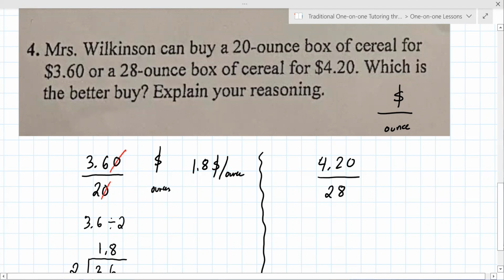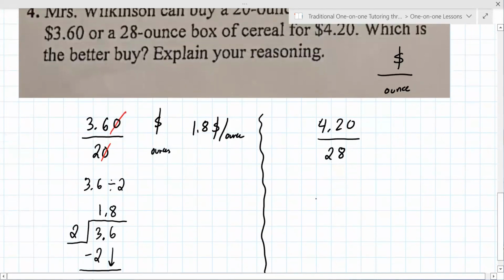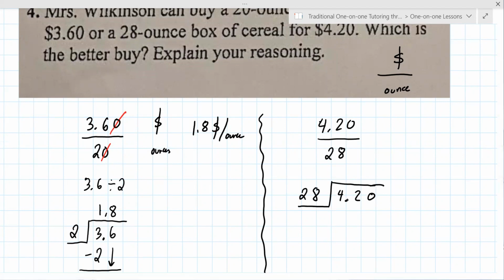Okay, so we're going to do this next problem here. Unfortunately, there's no nice cancellation. So you have to put that 28 on the outside, 4.2 on the inside. Okay, so 28 goes into 42 one time.